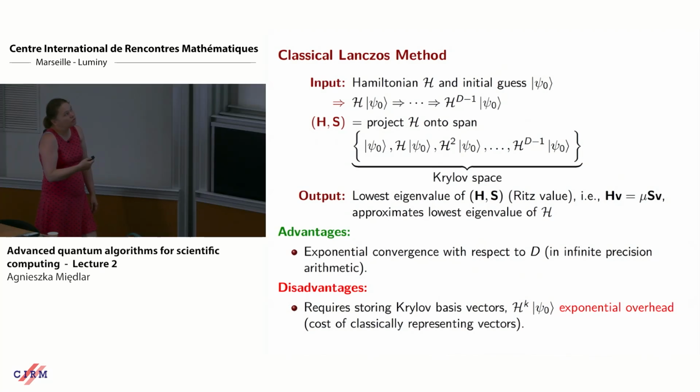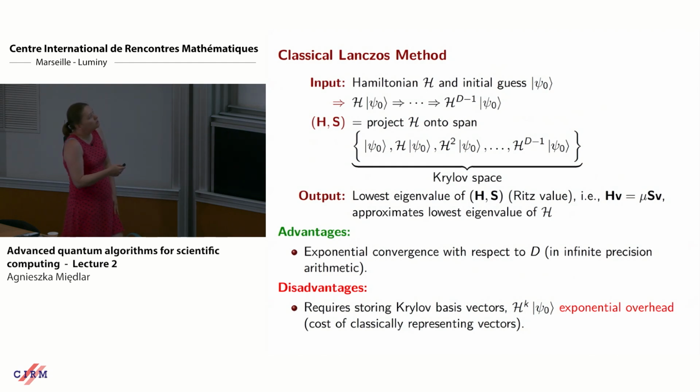But even without orthogonality, we can still project on that space, getting this H and S. So H is D by D, S is D by D. They're small matrices. Unfortunately, because of the lack of orthogonality, we don't have a nice structure. In classical Lanczos, H has a very particular nice structure. We lose that, but it's still a small problem.